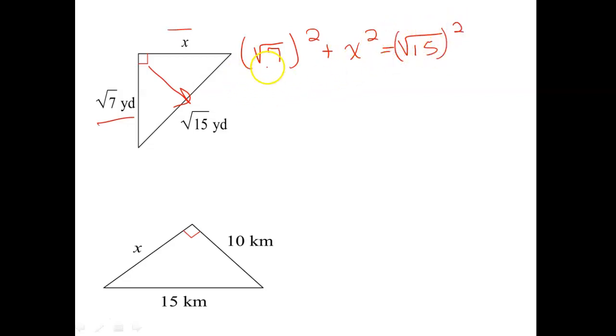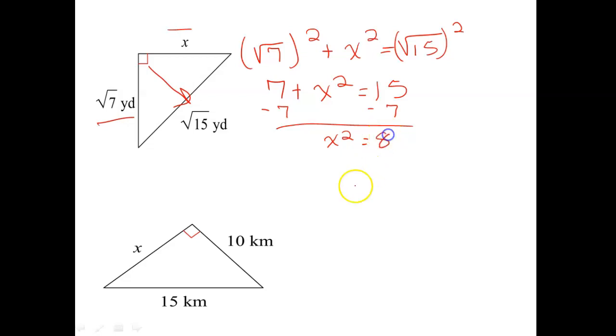All right, so what is the square root of 7 times the square root of 7? We talked about it on that first screen. It is just 7. The square root of 15 times the square root of 15 is 15. So we're solving for x. When I subtract 7 from both sides, I get x squared equals 8.